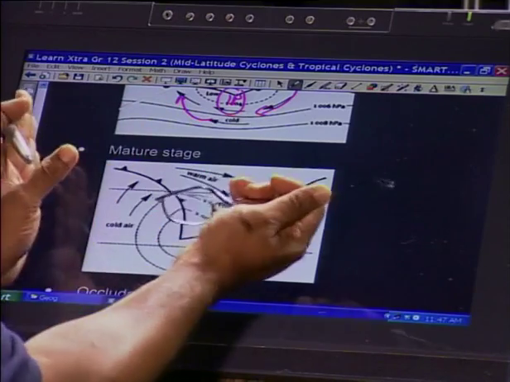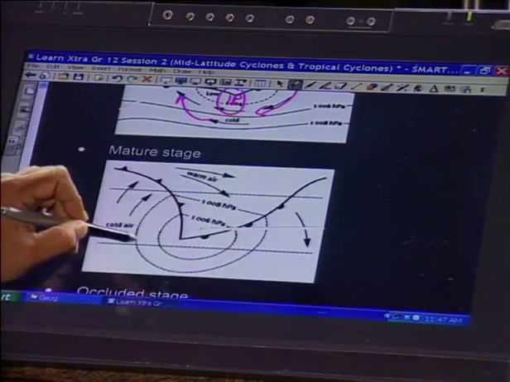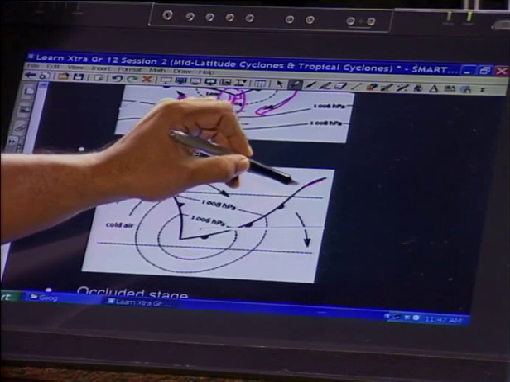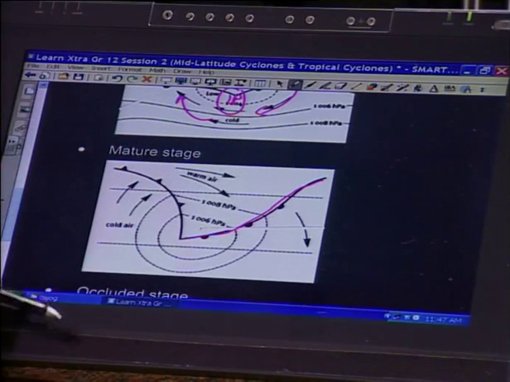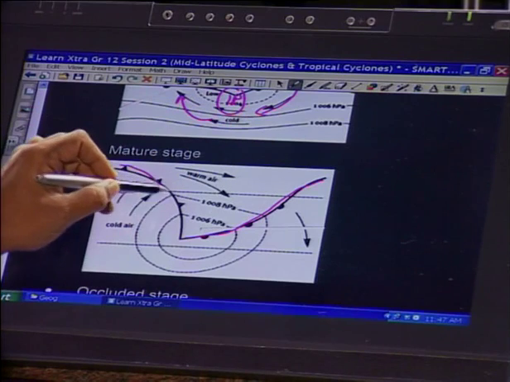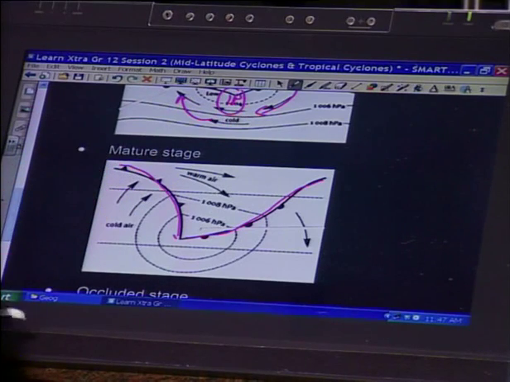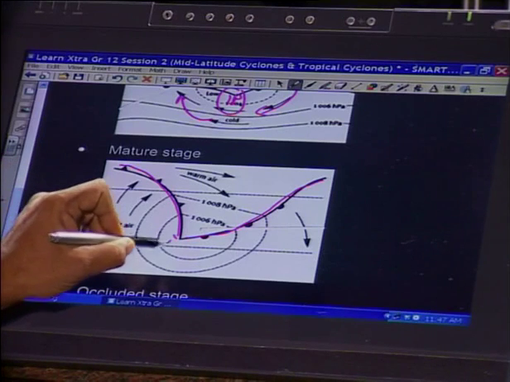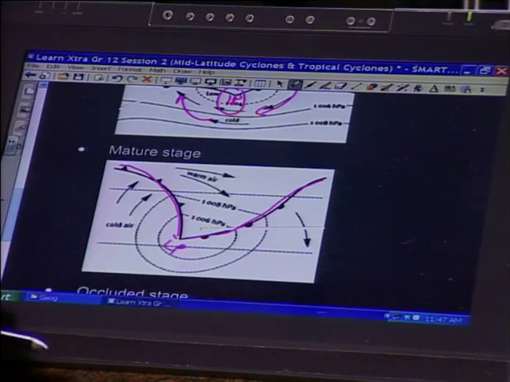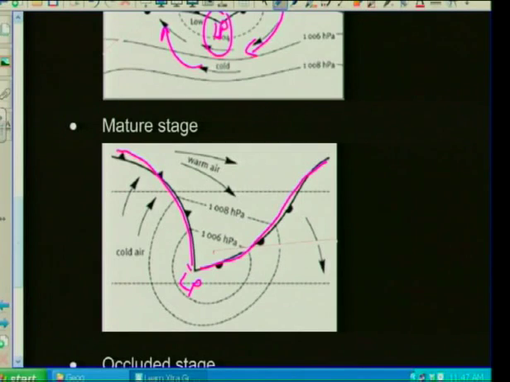Although it's an open pattern, we have a definite warm front and a definite cold front, separated. Now your low pressure system is well developed in here. You can still see your circulation patterns. It's clockwise because it is the southern hemisphere.